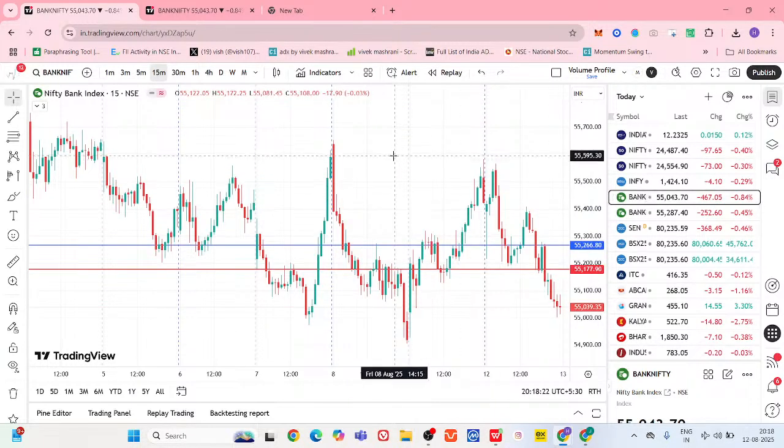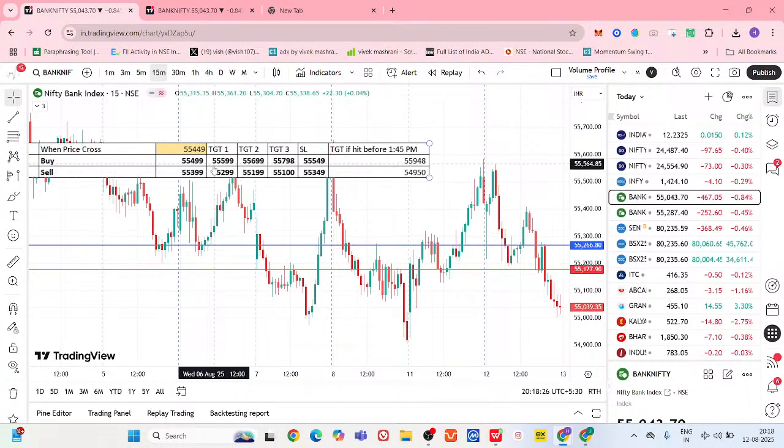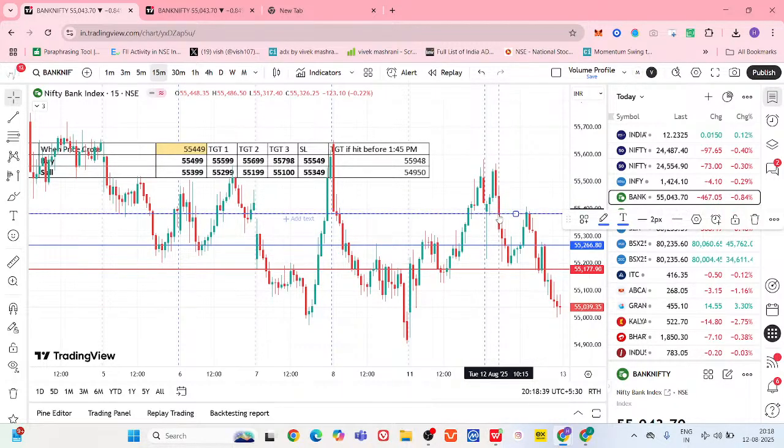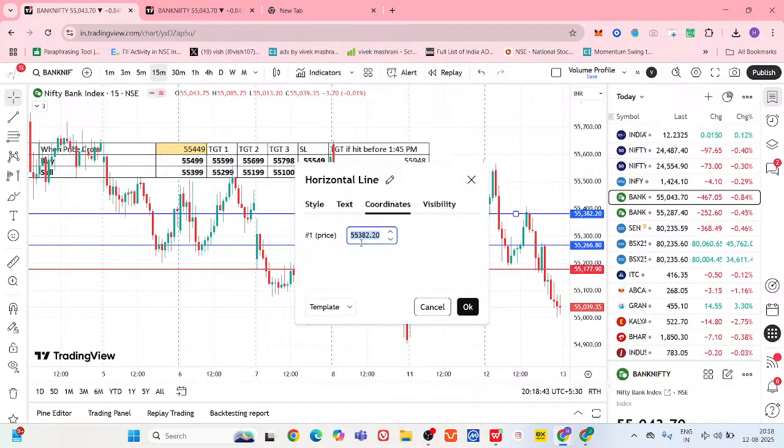Now we'll see Bank Nifty. Where is Bank Nifty? So here, if you see, after 10 o'clock, 55,399, which is this. 55,399. Let me mark 55,399.